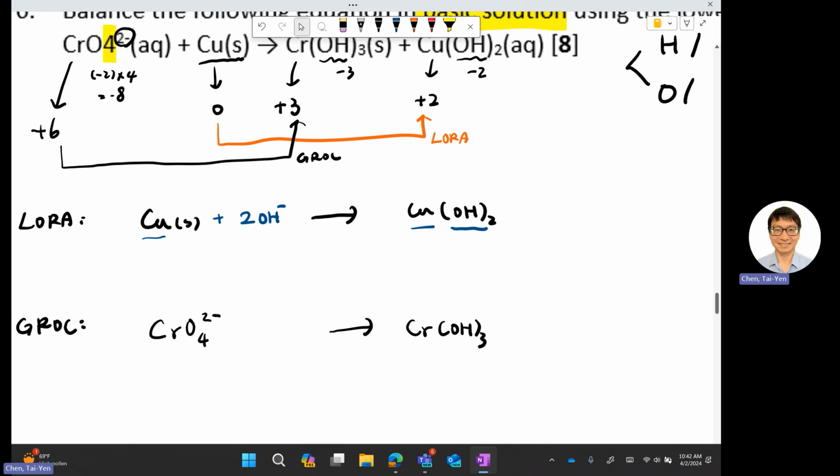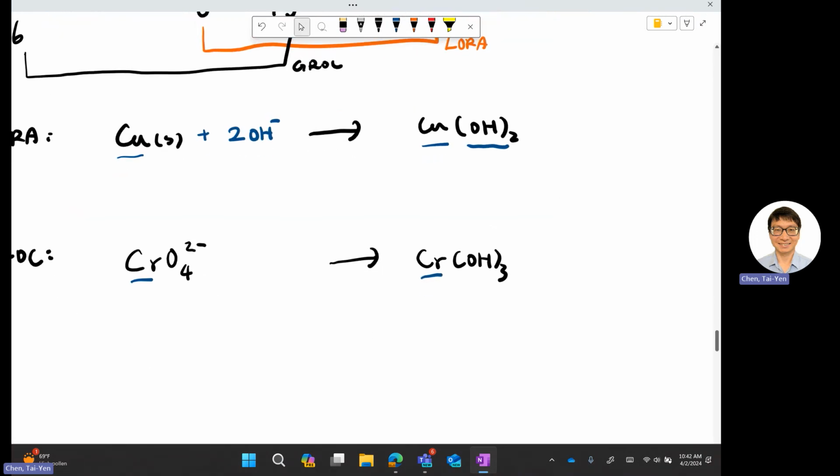On the right-hand side, for your G-Rock, focus on your target atom first. 1 chromium on the left and 1 chromium on the right, so your chromium is already balanced. Then we can look at the other atoms. On the left-hand side you have 4 oxygens, and on the right-hand side you have OH3. This is very similar to the situation in our first problem, because the extra on the right-hand side is OH.